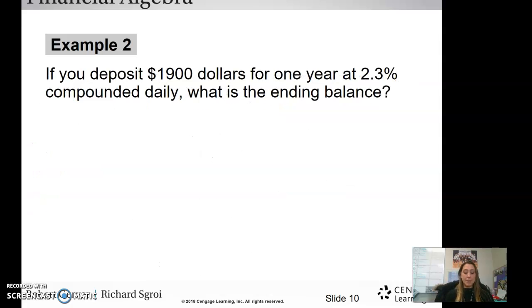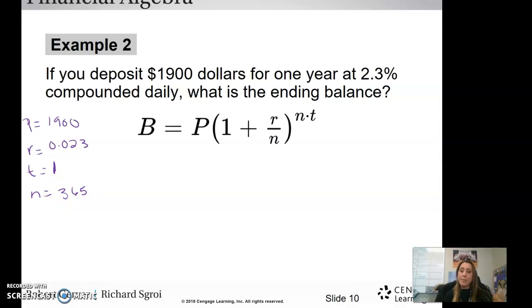Okay, so this is example 2, and this is on the notes posted. We're going to do P, R, T, and N. Our principal, we're going to deposit $1,900 for 1 year at a 2.3%, so 0.023, and it's going to be compounded daily, and again, that means 365. So I'm going to plug that into the compound interest formula that we've been using.